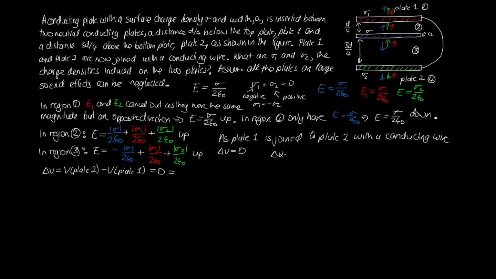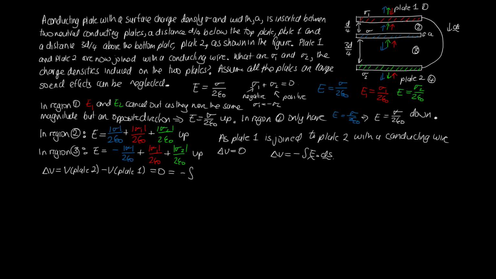which we've said is equal to 0, but we can also express this in terms of the electric field, because we've got that the voltage difference is equal to minus the integral of E dot ds. So we're taking ds down like this. We're moving from the top plate down to the lower plate. And so this is equal to minus the integral.